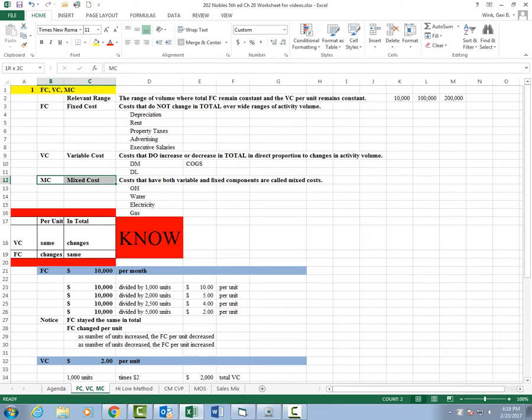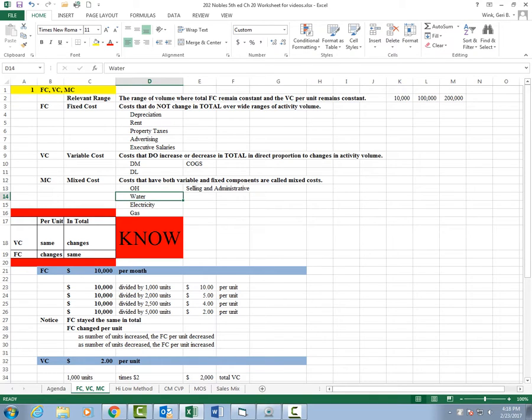Okay, a mixed cost is one that has both variable and fixed components. So some of the overhead items are typically going to be mixed cost. Some of your selling and administrative cost will be mixed cost because they'll have a fixed component and a variable component.